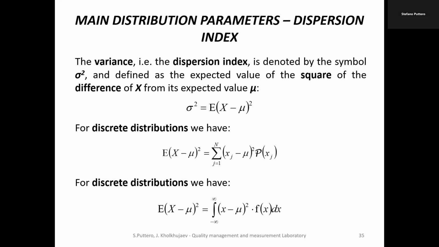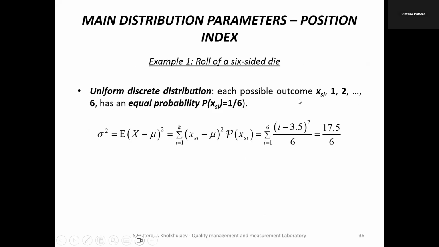There is a compensation between positive and negative contributions, so the value of the variance tends to 0. And so this is why we use the square in the case of variance.